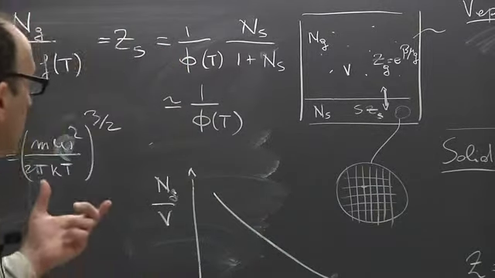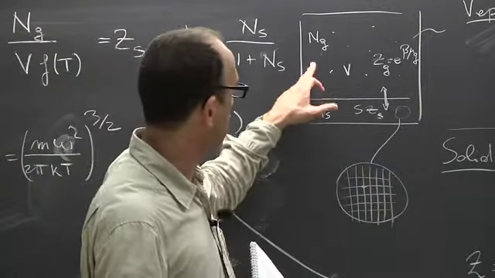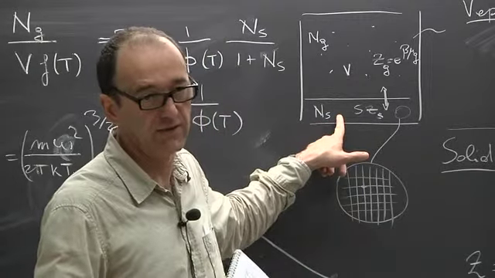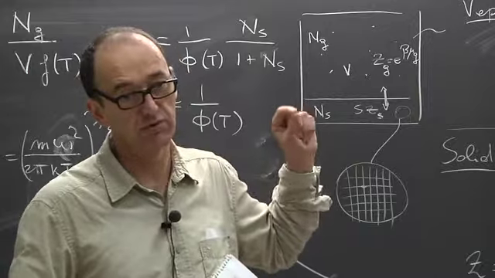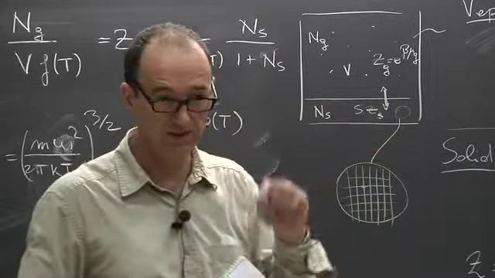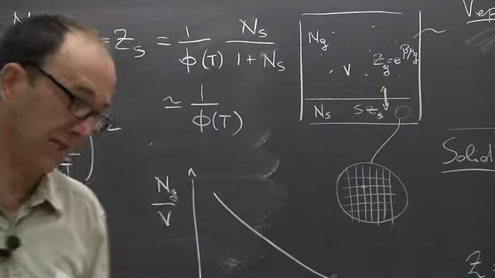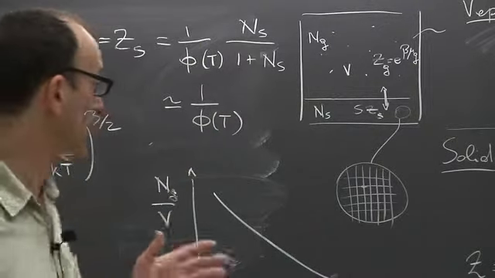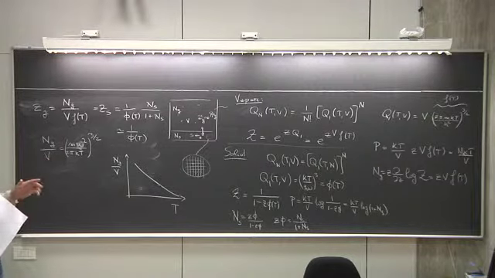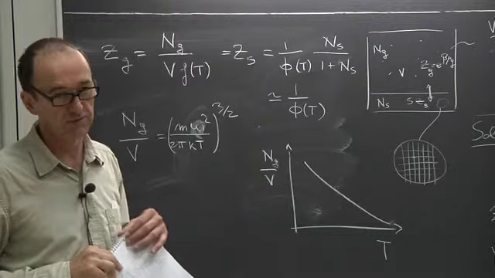So if these two numbers are comparable, this means that the volume of the solid is very small compared to the volume of the gas. Okay, so in this approximation, this will be 0.